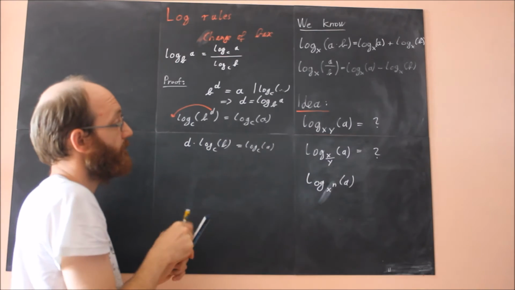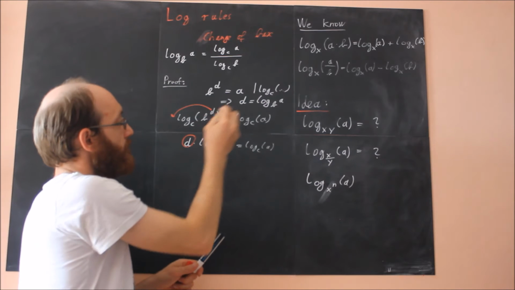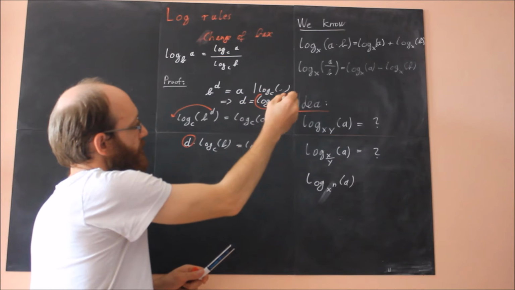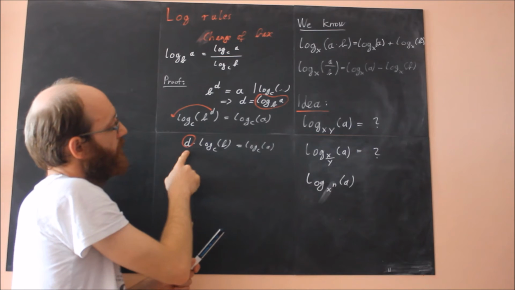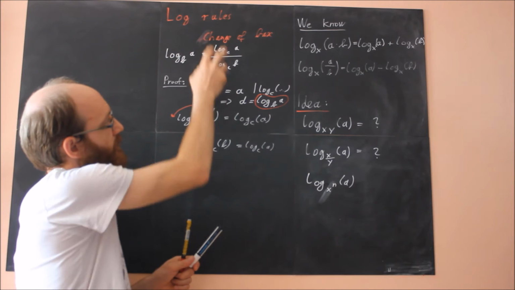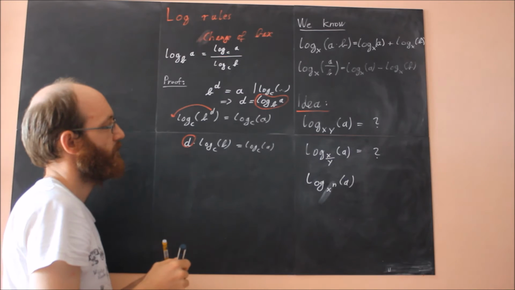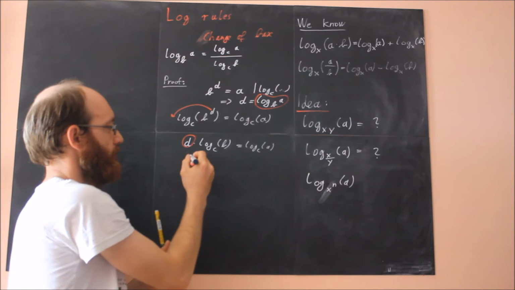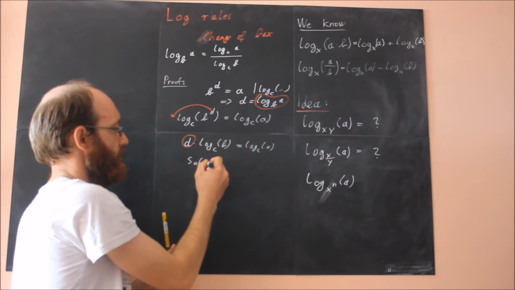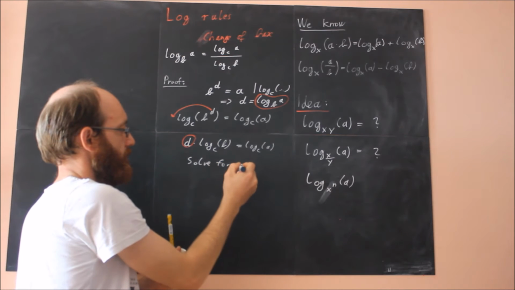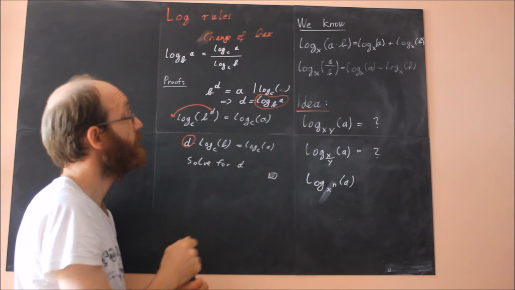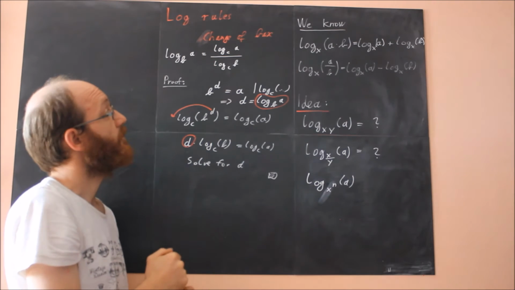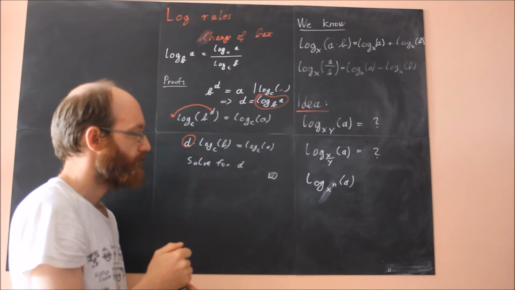But remember, d is log a to base b, and if we plug this in and solve for d, we immediately get this expression. This finishes off the proof for the change of base.